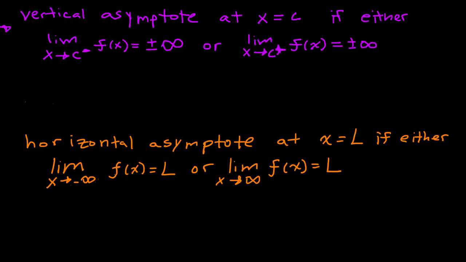So let's take a quick example of what this looks like on a graph. Say we have our coordinates here. We've got our x-axis, we've got our y-axis, and maybe we have an asymptote. An asymptote we usually show with a dashed line, and we have some function, and that function is going to act as an asymptote when, as it approaches, it either goes down to negative infinity or it goes up to positive infinity.